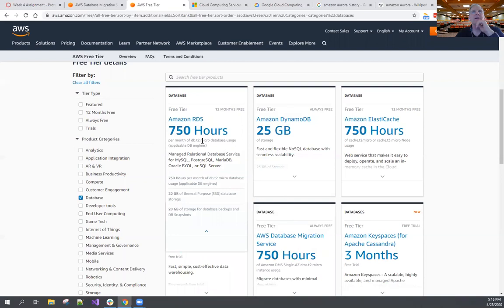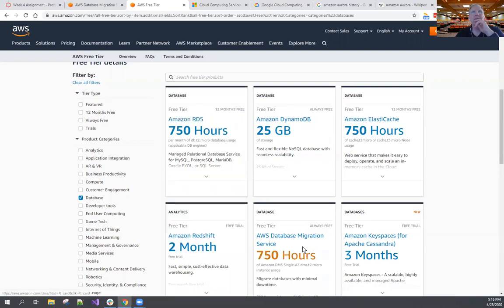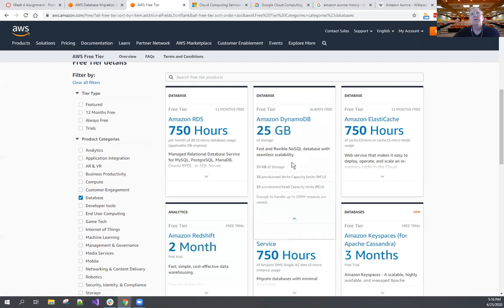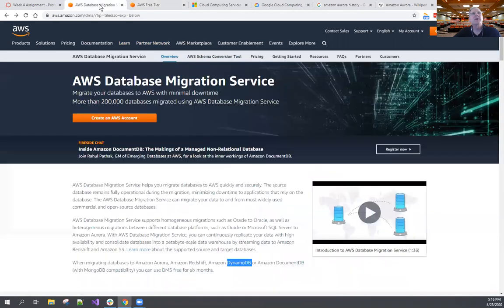Free tier for this, the database migration, if we go to Redshift or DynamoDB, which is, let's see, free tier. Huh, this one's always free. Nice. Free trial. So 2 months of Redshift. So we're kind of designing what database we go to, database type.